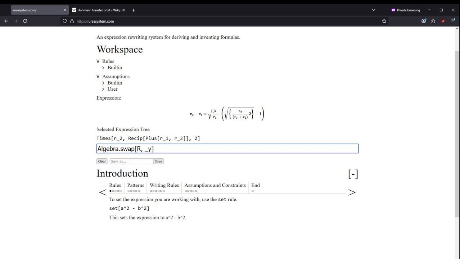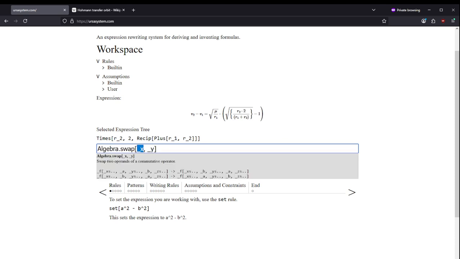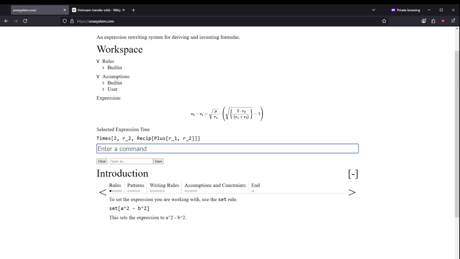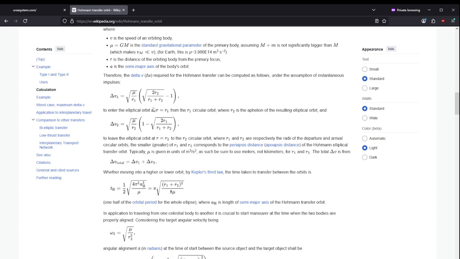If I put recip of k in here, it will swap the reciprocal with something. Then I can put in 2, and it will swap the reciprocal term with the 2 term, just changing the order. Then I can run swap again, and by default, if you don't give it anything, it swaps the first 2 terms. So now we've got 2 times r2 over r1 plus r2, which does match what's on the Wikipedia page. So that's delta v1.